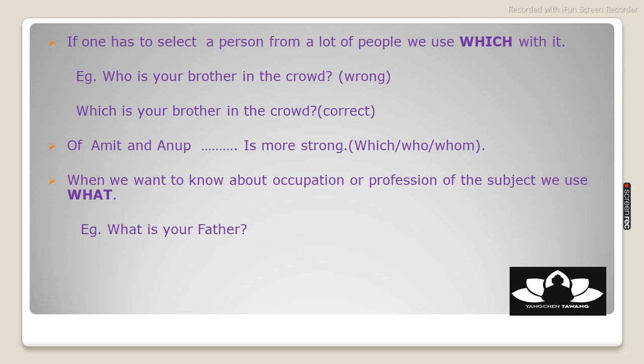Again, we use what when we want to know about the profession or occupation of a person. In the example I have given, what is your father? So it is asking about the profession of your father. What is your father means what is the profession of your father. So when we want to know about the occupation or the profession of any person, we use the term what there.